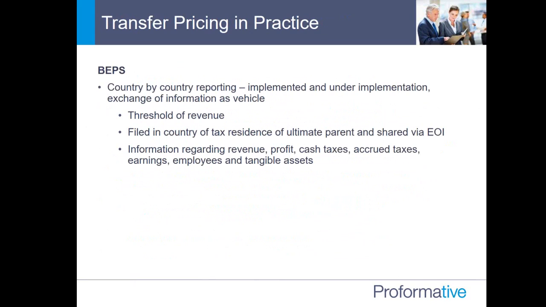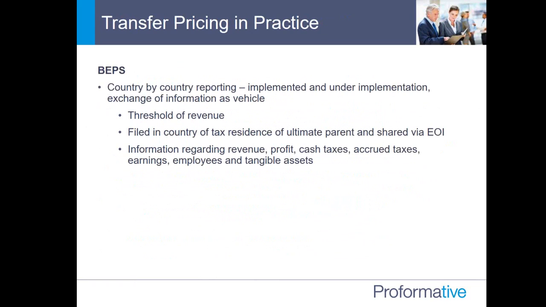The first one is country-by-country reporting. This is where you have a file of documentation which you provide to the different tax authorities, whereby they can see which profits are being attributed to which entities around the globe.